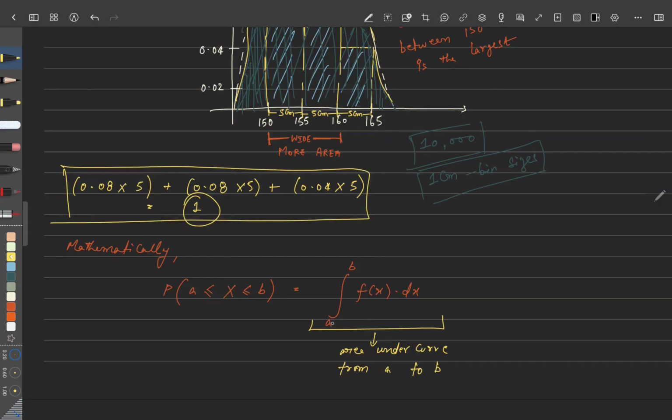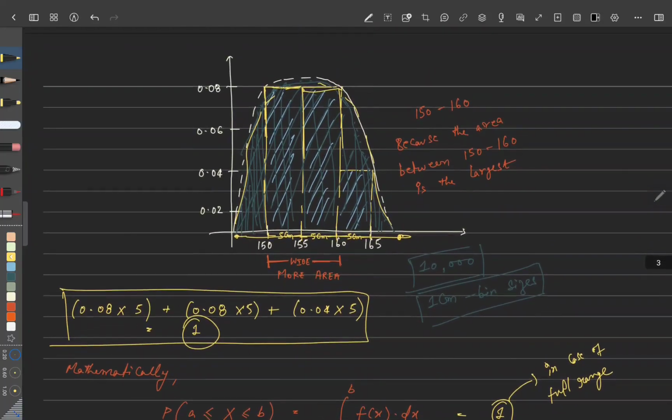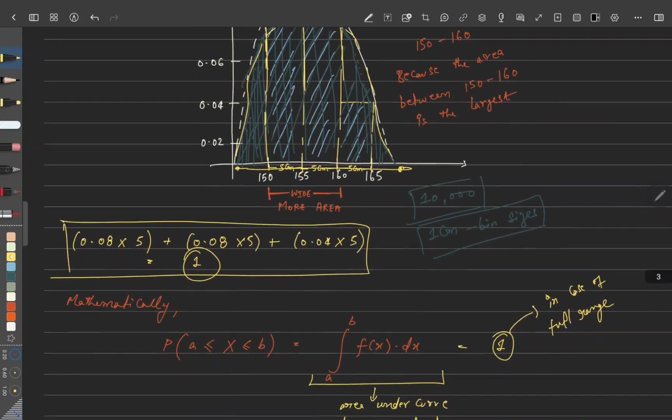So this is from A to B, but if you define the complete range, for example from here to here, then it would always sum up to 1. Let me write in case of full range, this would always equal 1, because in the full range the probability of finding any point would be 100% or 1.